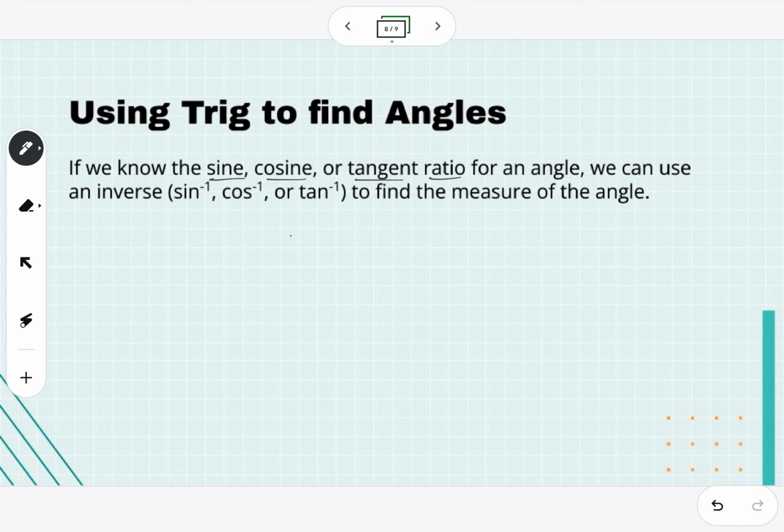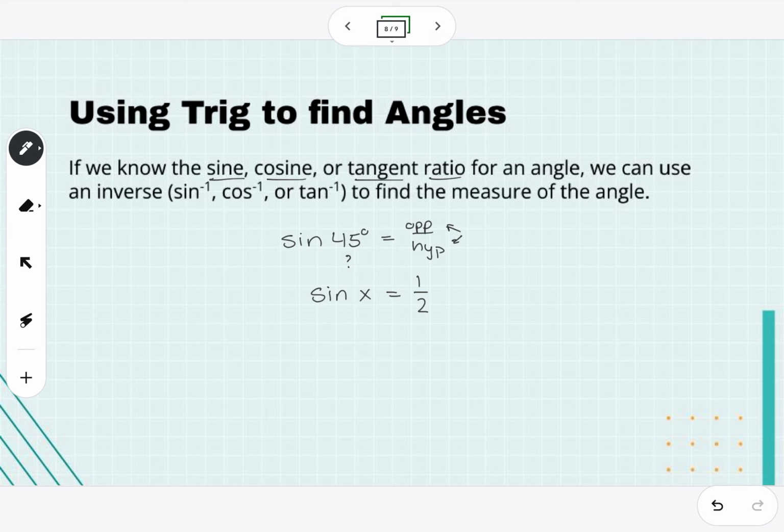If I want to find that angle, like in one of our problems, we had sine 45 degrees equals opposite over hypotenuse. Well, let's say I know what both of these are, and I'm trying to figure out what the angle is. I could have sine of x, representing some angle, equals 1 over 2, something like that.